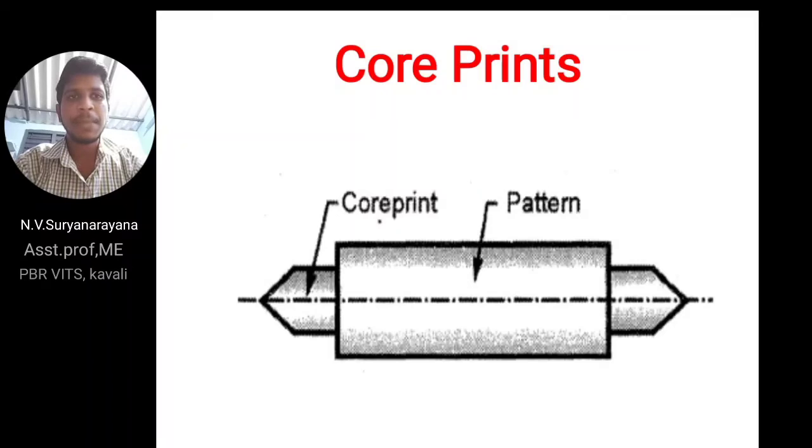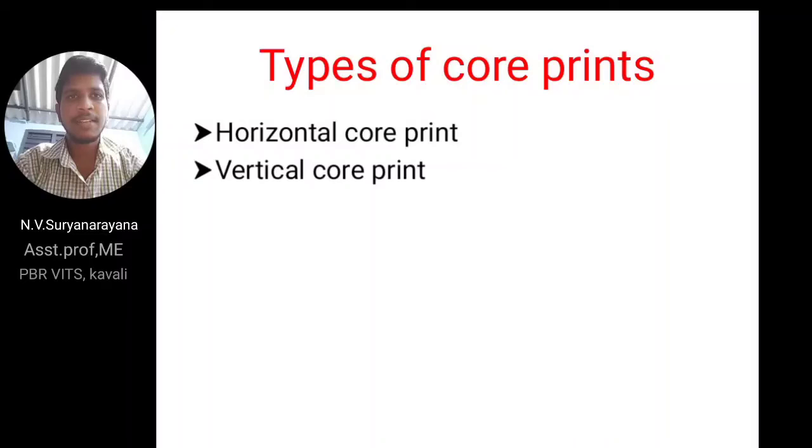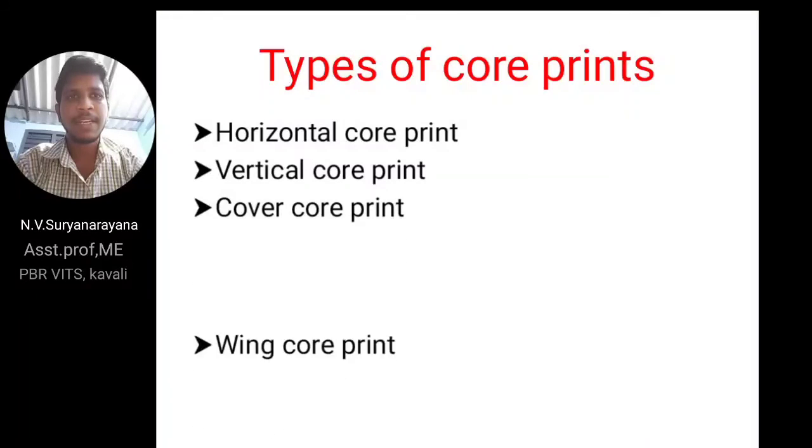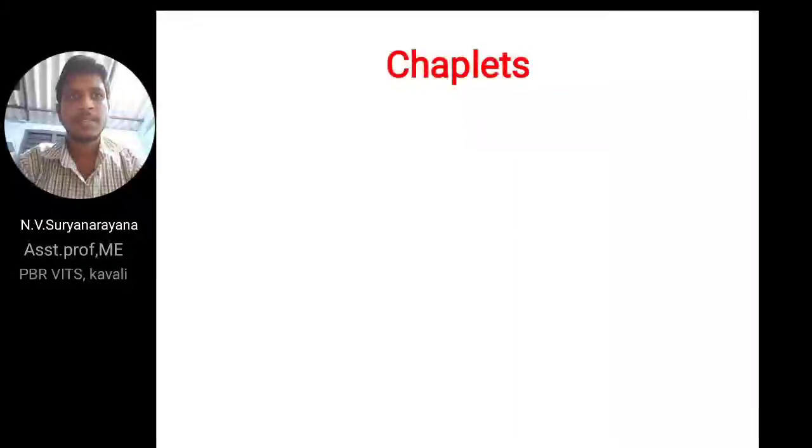The middle one is a pattern and the extra projections are core prints. After the mold part, that means after the finished product or final part, we trim the extra projections. Types of core prints: horizontal, vertical, cover core, wing core, balanced core. These are the different types of core prints.